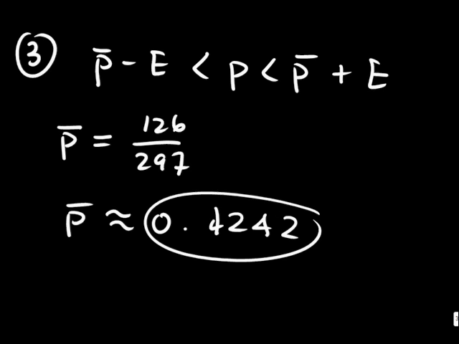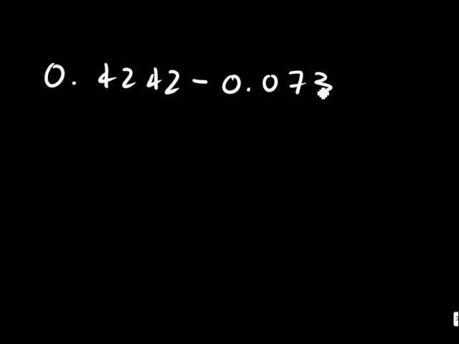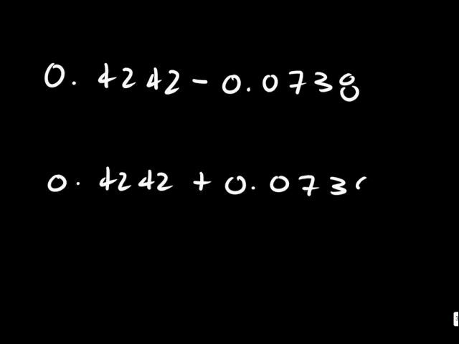So, if I take my sample proportion and subtract the error, sample proportion and add the error, I can answer the question. 0.4242 minus 0.0738, 0.4242 plus 0.0738.